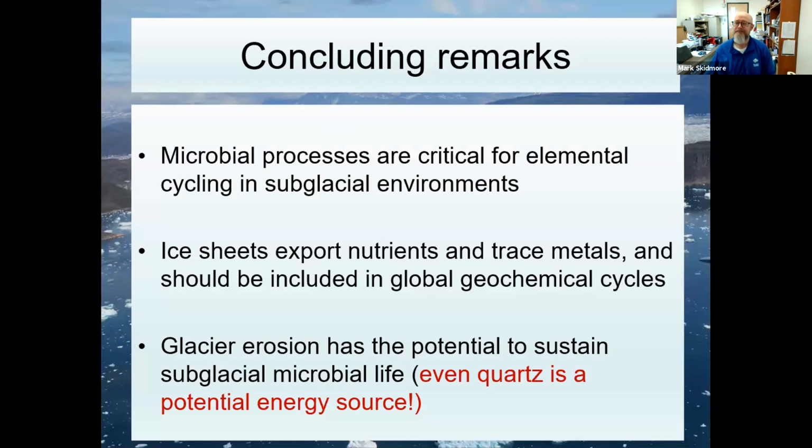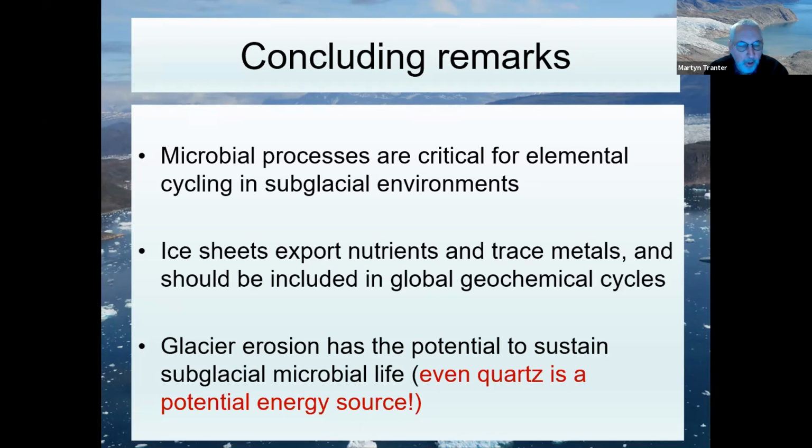So some concluding remarks then. I hope we've shown that microbial processes are critical for elemental cycling in subglacial environments. We believe ice sheets are important exporters of nutrient and trace metals into the world's ocean and should be included in global geochemical cycles.